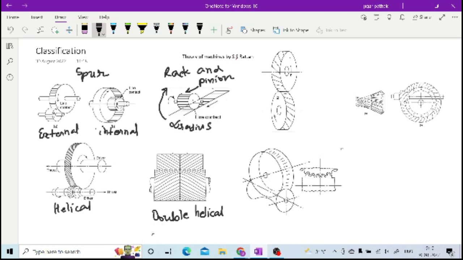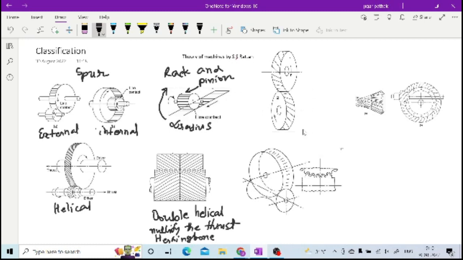In order to nullify the thrust generated in the helical gear. It is also called herringbone gears. This particular double helical gear is also called herringbone gear.